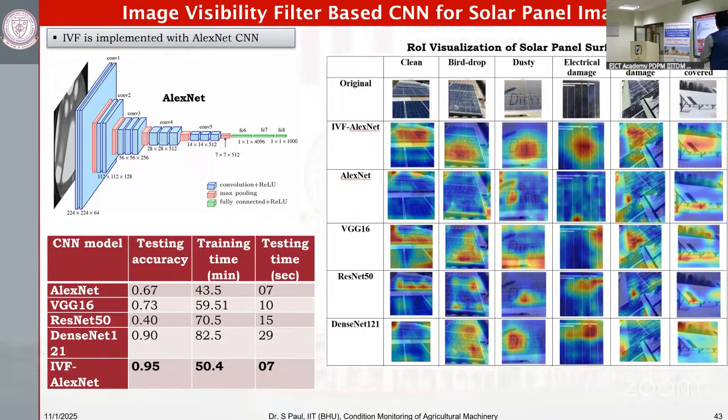But now, if you see that the red is on the panel, that means it is recognizing it as a solar panel covered with snow. The first region of interest is the solar panel in the entire image, after that the snow portion. So it took the data from your snow and the panel portion.